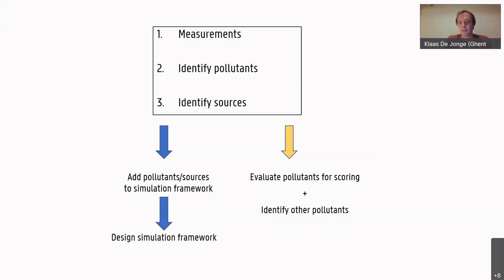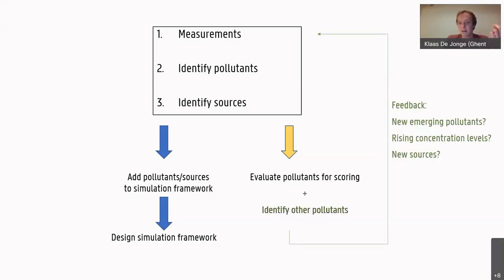I think it's a very important step that we need to think about: if we have those measurements, we'll find other pollutants, also analyze those and see, okay, do we notice that some pollutants start emerging more and more, or maybe concentration levels rise, and maybe there should be this feedback of those measurements back into the framework, and then in the end, if agreed upon, go in the simulation framework and in other.